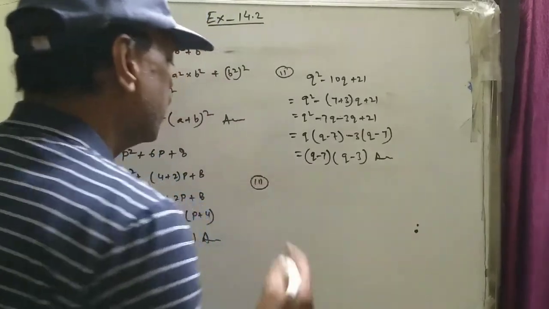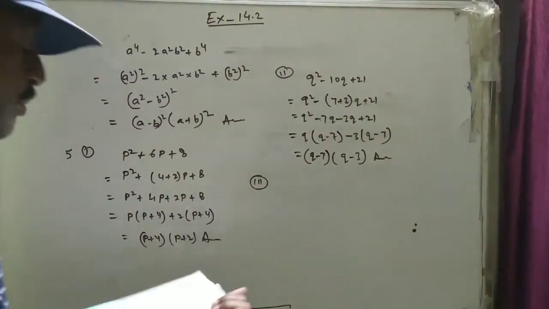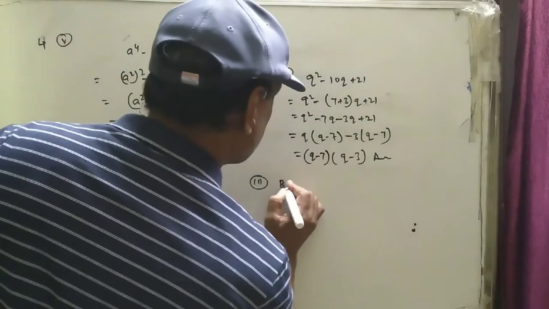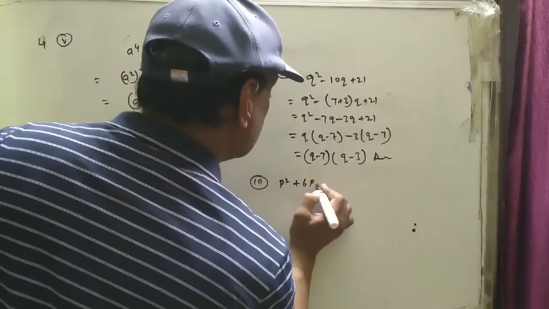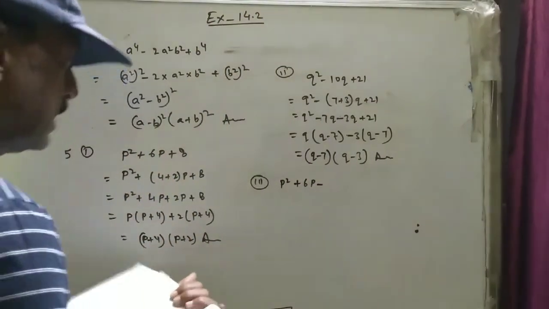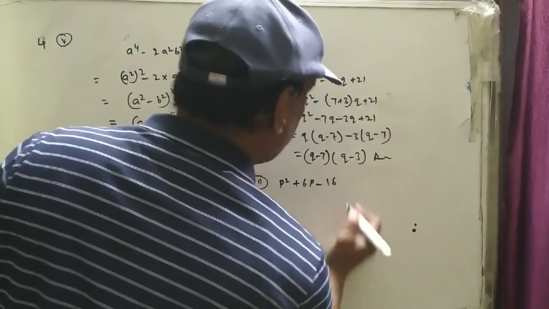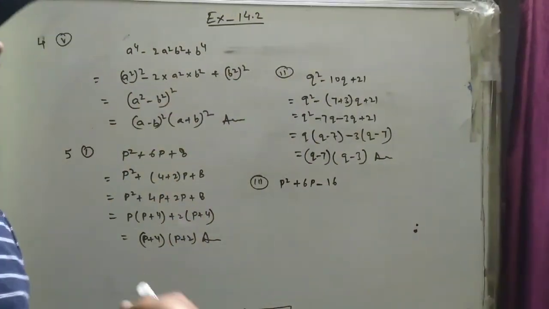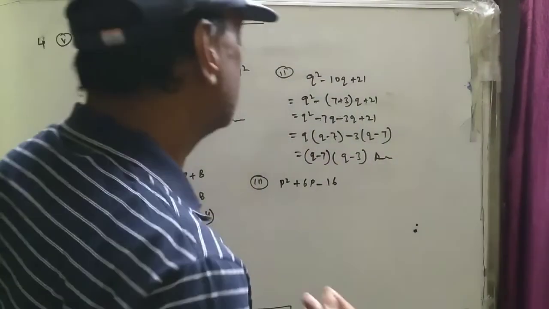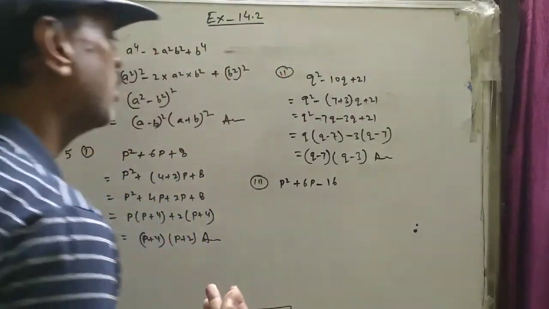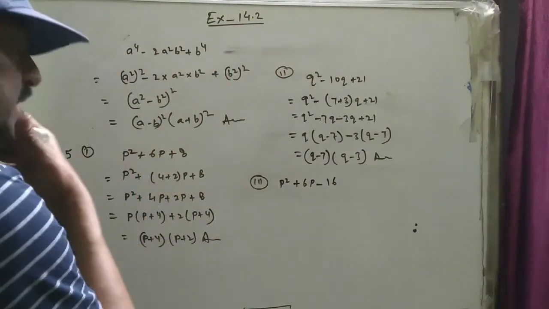And the third one is p square plus 6p minus 16. So we have to find two numbers which on multiplication will give 16 and on subtraction will give 6.